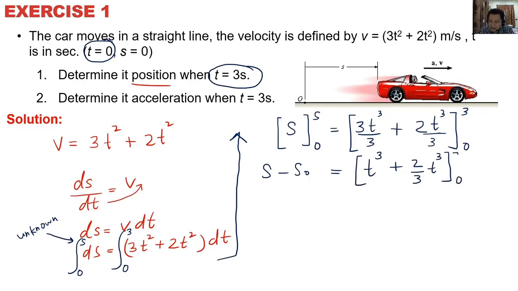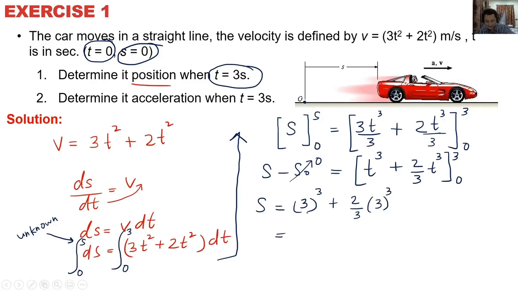It's still not being evaluated yet, so we've got to plug in. S minus S naught, originally is equal to 0. S naught is the starting position, so there's no displacement yet. So S is equivalent to, you plug in, 3 cubed plus 2 over 3 times 3 cubed.